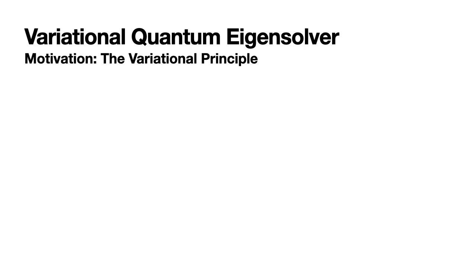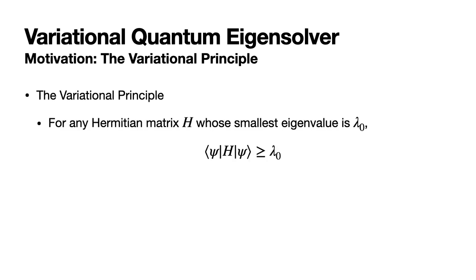This is where the variational quantum eigensolver, or VQE algorithm, comes into play. VQE provides an elegant approach to obtaining approximate solutions to the ground state problem by leveraging the strengths of both quantum and classical computing resources. The core idea behind VQE is based on a fundamental concept in quantum mechanics called the variational principle.